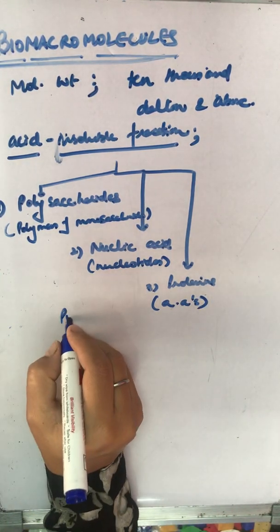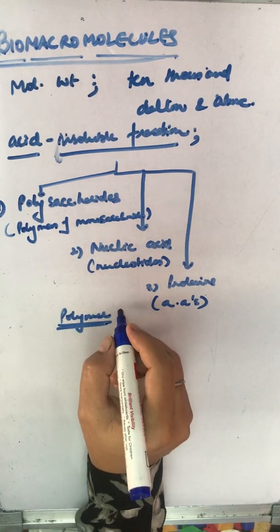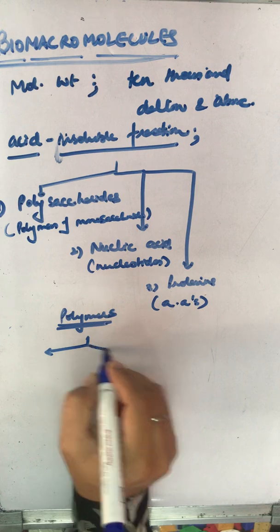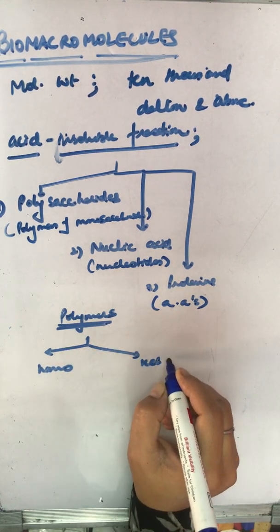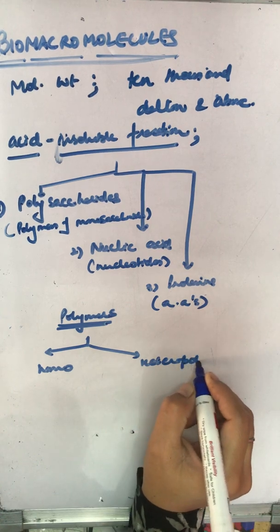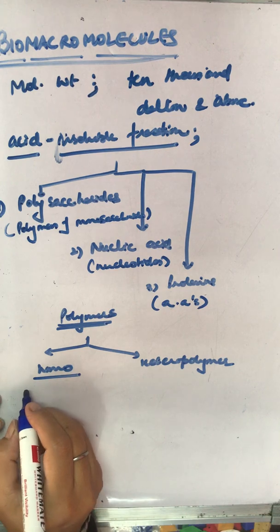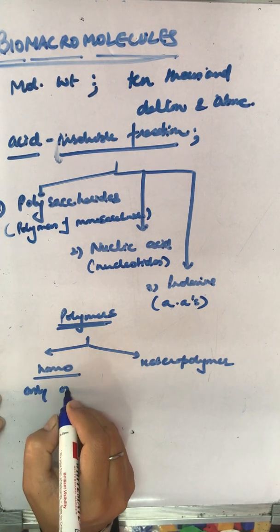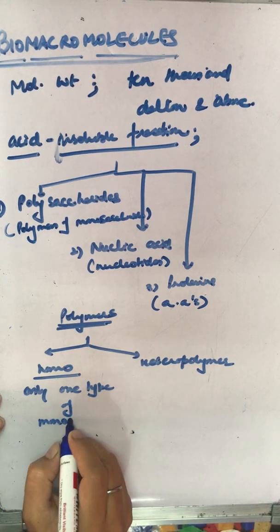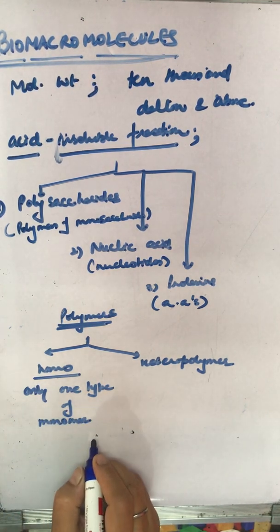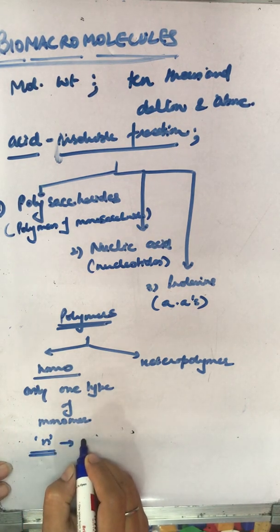What are polymers? I am using the word polymer here. Polymers are of two types: they can be homopolymers or heteropolymers. A homopolymer has only one type of monomer, where one unit is repeated n times.